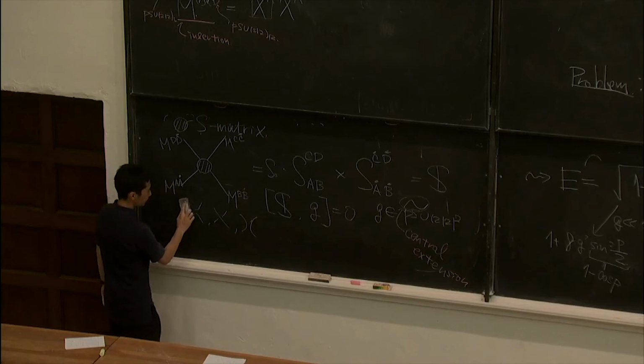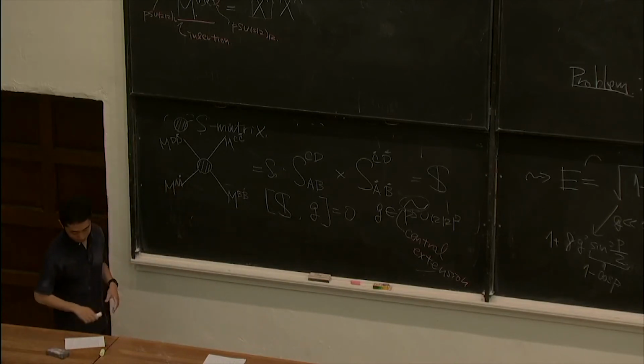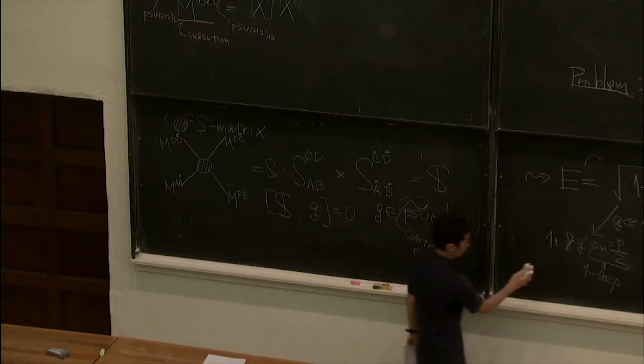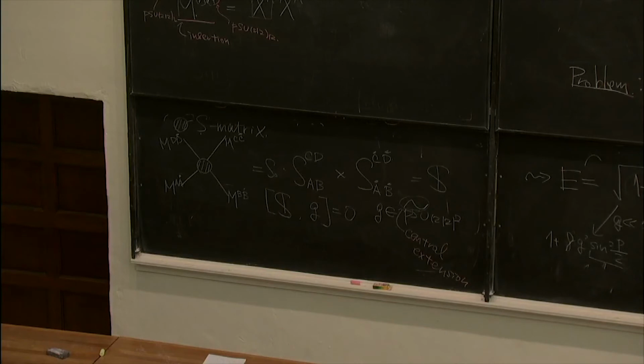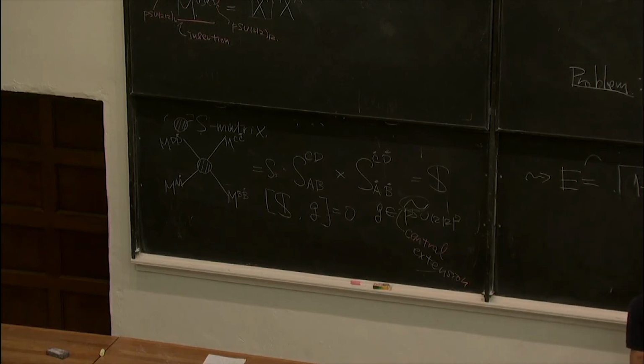And what I'm imposing here is the same symmetry constraint. But if I impose this symmetry constraint for this centrally extended PSU(2|2)², there is some surprise. The surprise is that there is actually only one tensor structure allowed by the symmetry.